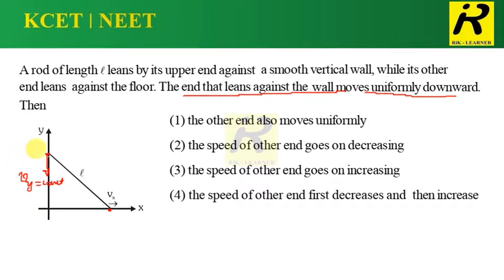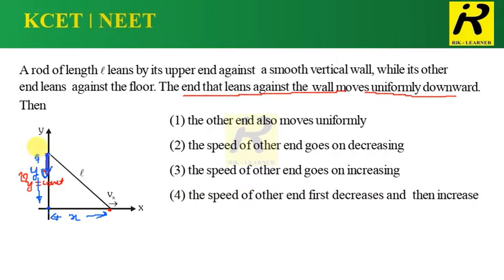Here I call the distance between this point and this point y. From here to here it is y, and from this point to this point the distance is x.